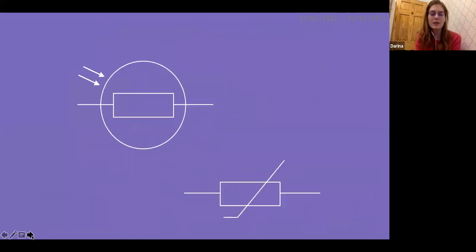Okay, great. So the next thing that I wanted to talk about was these 2 components. Can anyone name them? So starting with the one on the top left, what is that? Oh, okay, someone said LED. That's not quite an LED. An LED looks like this.